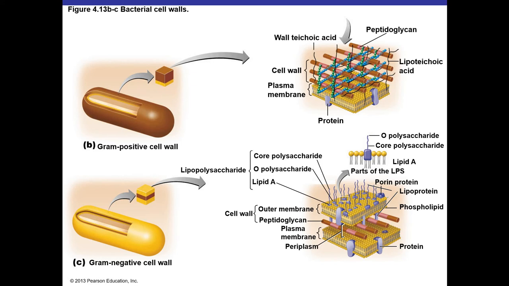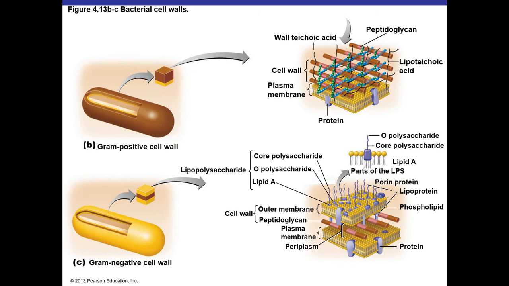This additional outer membrane is referred to as the LPS layer, or the lipopolysaccharide layer. It has these core polysaccharides and the O polysaccharide, which are, again, a feature that can help us in identifying some of the pathogenic organisms. And it also has a lipid A component. The lipid A component is considered a pyrogen.